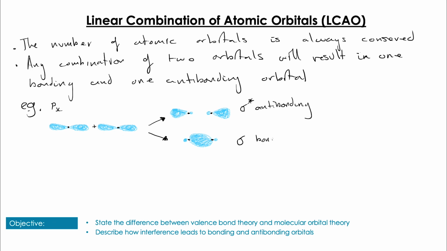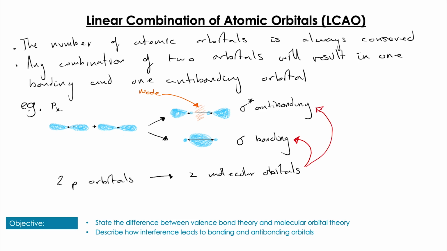You can see in the anti-bonding orbital that the space between the nuclei is what we call the node, and that is the exact reason that electrons in those orbitals contribute to interatomic repulsion instead of attraction. So two p orbitals combine to make two molecular orbitals, one anti-bonding and one bonding. Electrons in the bonding orbital contribute towards attraction, and electrons in the anti-bonding orbital contribute towards repulsion.